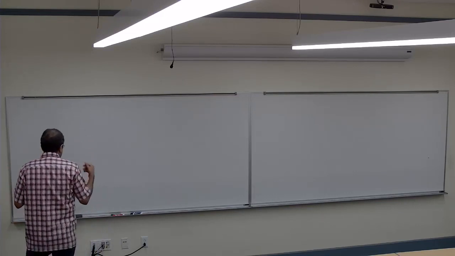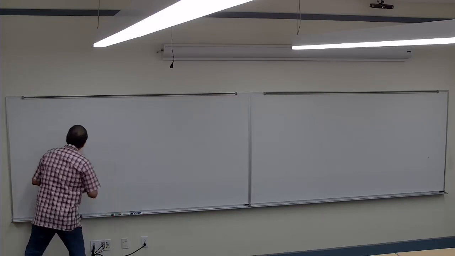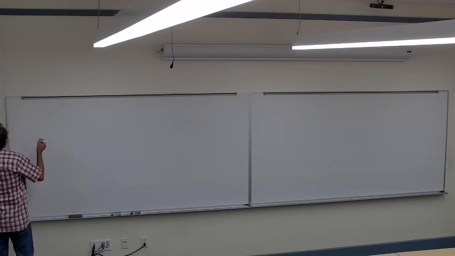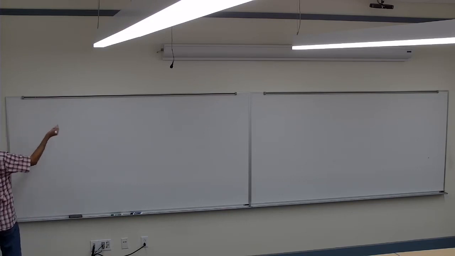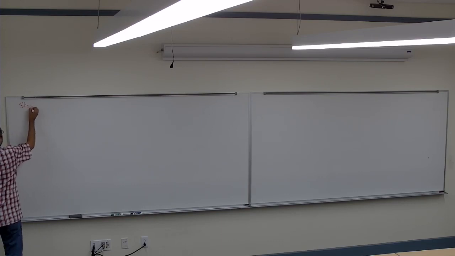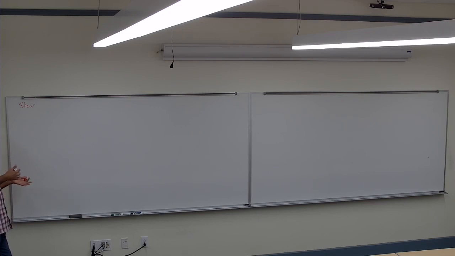Let's start from the basics of what we had in statics. If one of those methods that I'm going to teach you doesn't work, or you get confused, you can always use the original method.